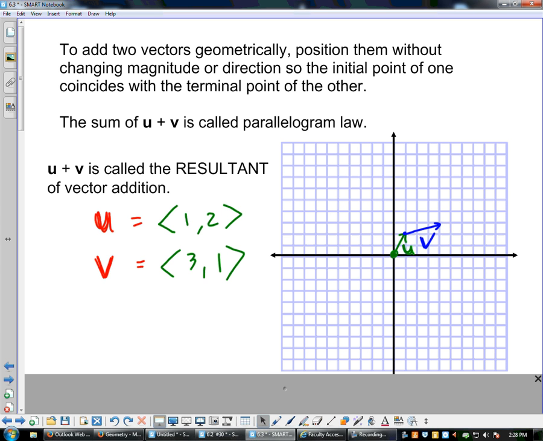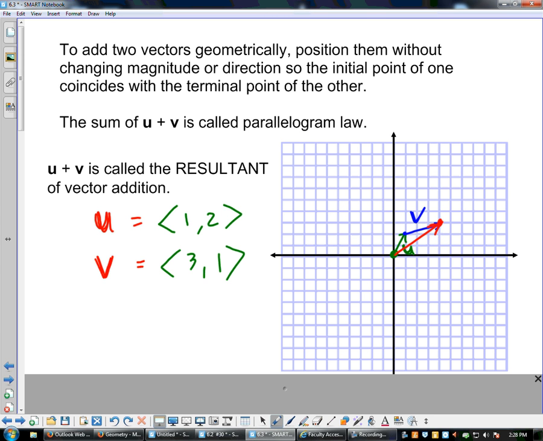Why are we doing this? Because we're adding the two vectors together. So u plus v ends up right at this point, and the resultant vector is this vector here.